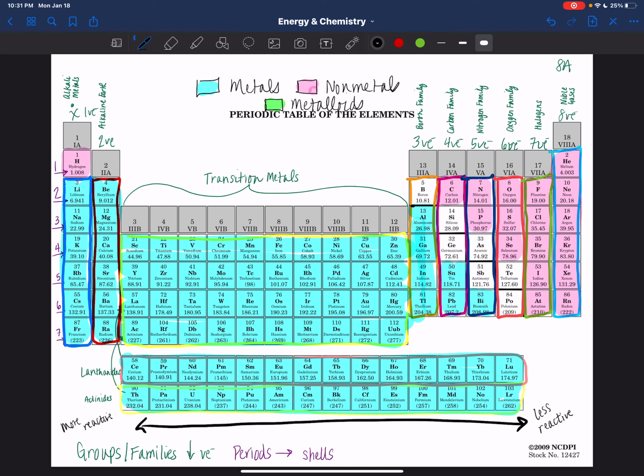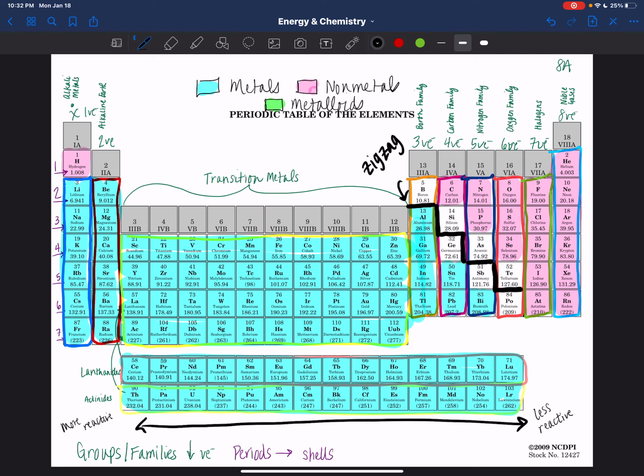It's right between boron and aluminum, and then it goes aluminum to silicon, and then silicon to germanium, between germanium and arsenic, and antimony, tellurium, and then polonium. So that little zigzag tells you that's where your metalloids are.